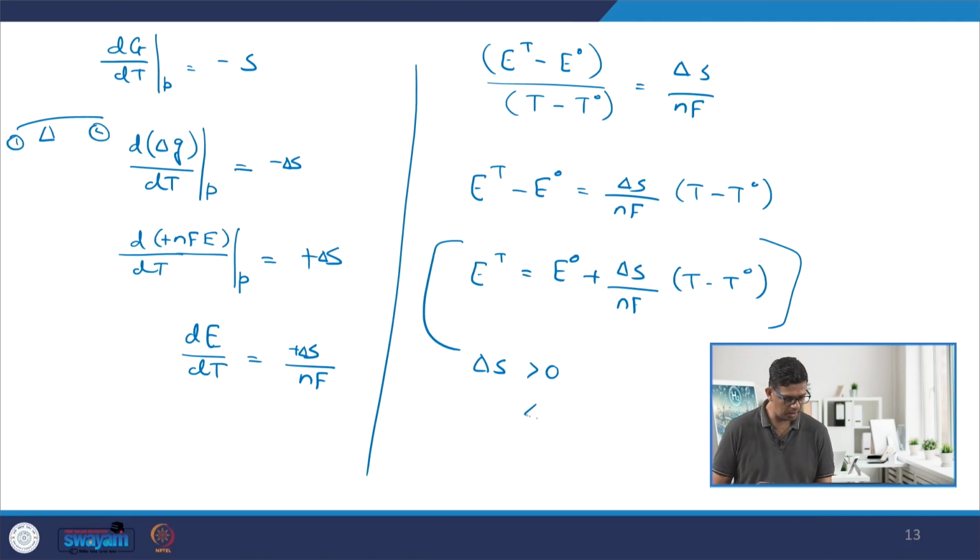If this entropy change is negative, less than 0, then the second term will be subtracted from E naught, and that will decrease the cell potential with respect to the reversible cell potential. And if it is 0, then there will be no change in the cell potential with respect to the reversible cell potential.